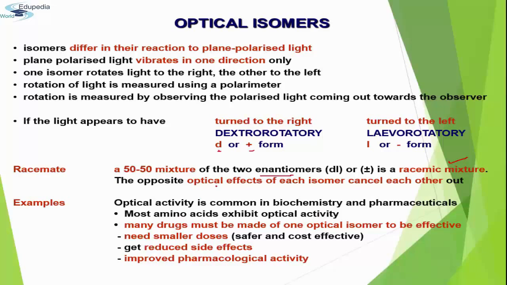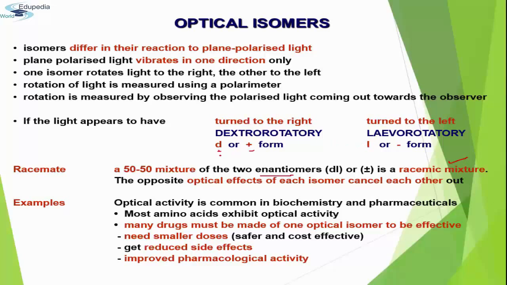Because for a drug having optical activity, the D form and L form will have different reactions. So it is possible that only the D form is giving the desired result, whereas the L form is either producing no effect or it may be producing a negative effect.